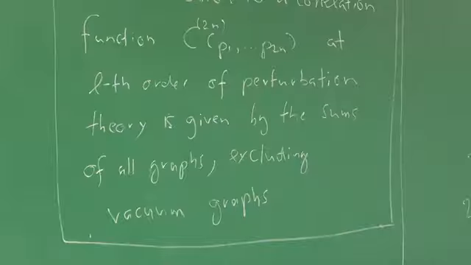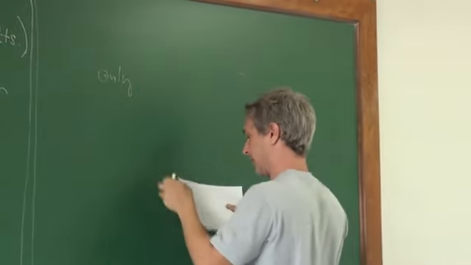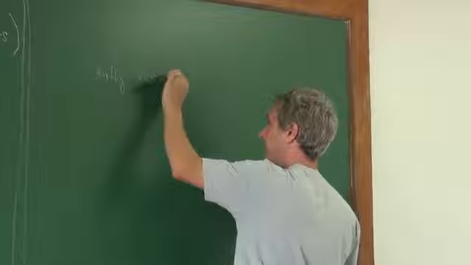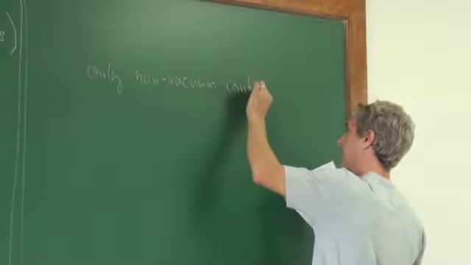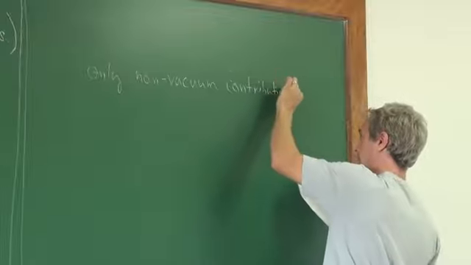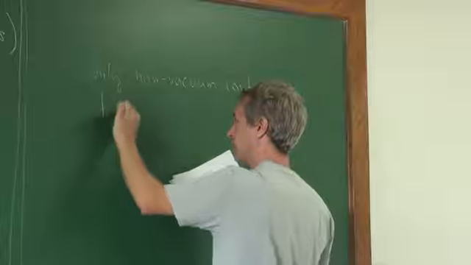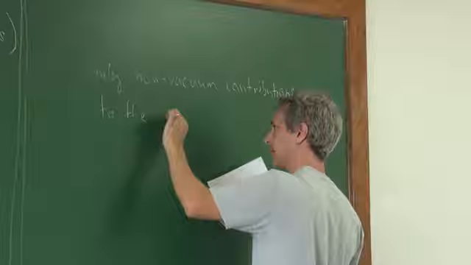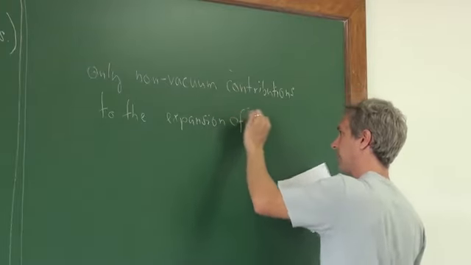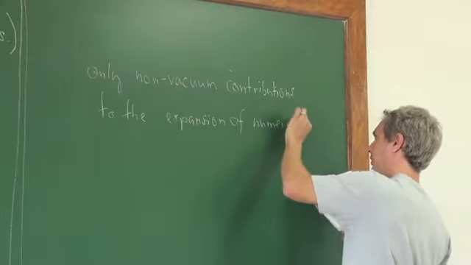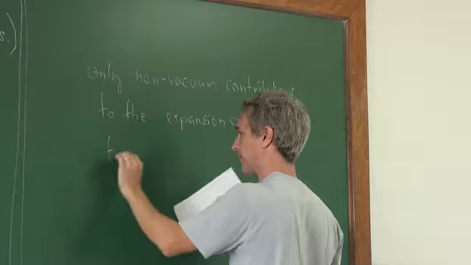So in practical terms, stated a little bit differently, this means that if we do the perturbative expansion, only the non-vacuum contributions or diagrams of the expansion of only the numerator have to be kept.